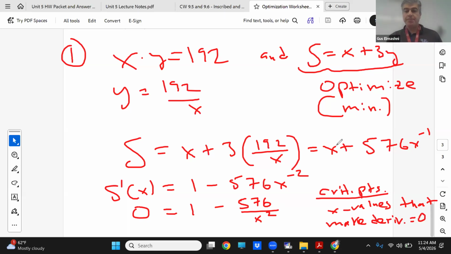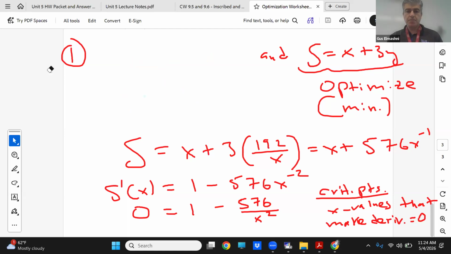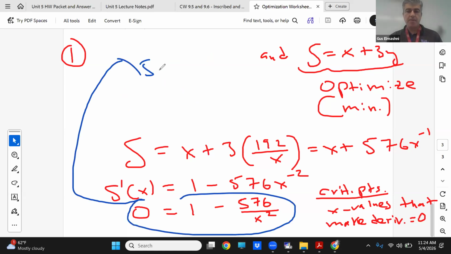How would I solve it? Yeah, so 576 over x squared equals 1. 576 equals x squared.